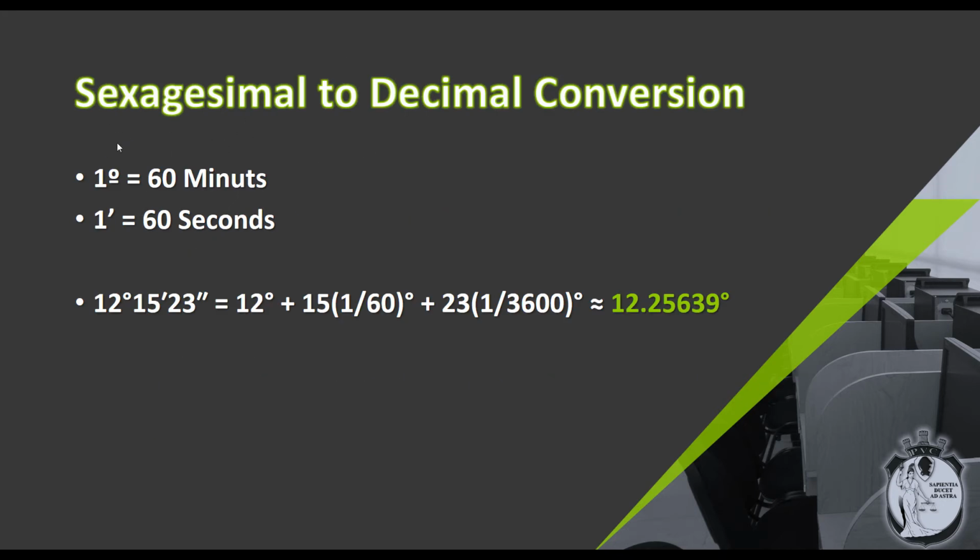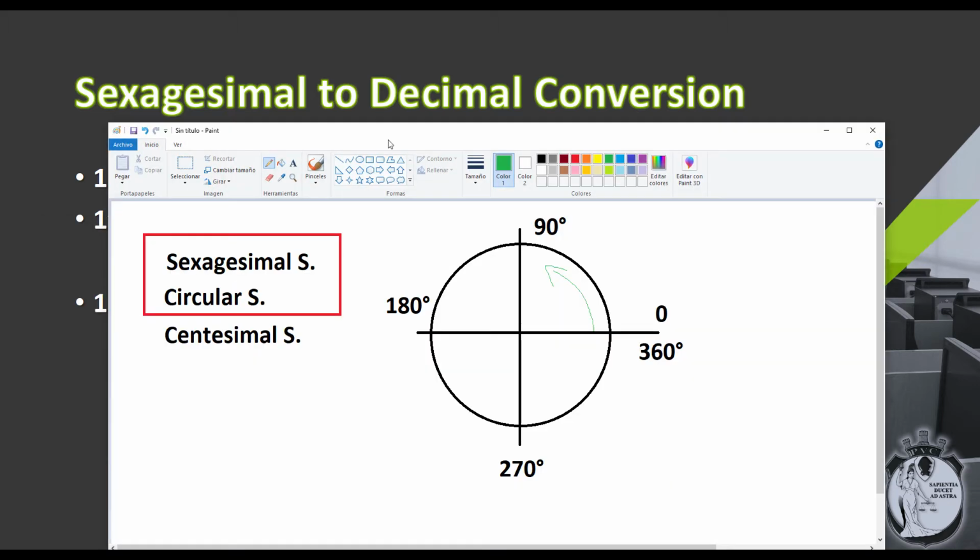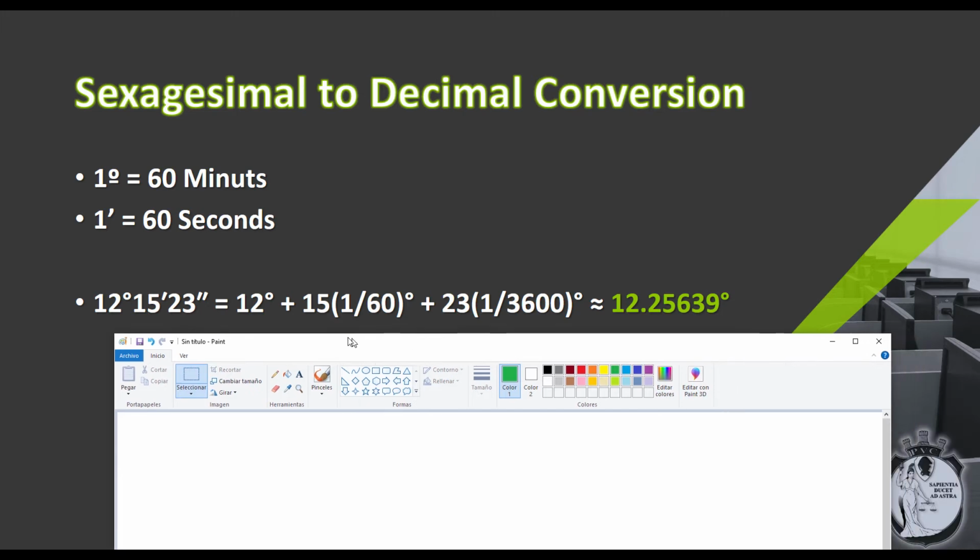To understand the sexagesimal notation, you need to understand that 1 degree is equal to 60 minutes, and 1 minute is equal to 60 seconds. If you want to convert, I will use Paint again.